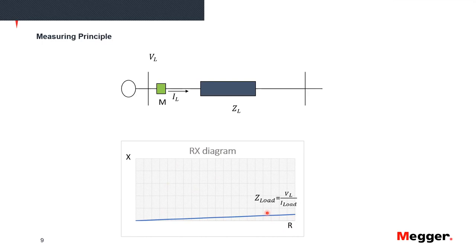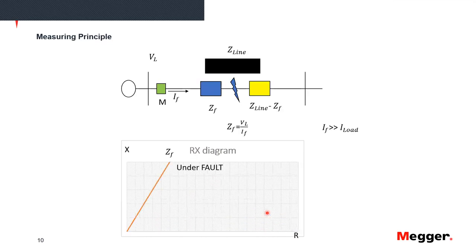Now, when we have a fault, however, the impedance of lines is mostly dependent on the reactance of the line, and because of what I said before, the current at the moment of the fault is much greater than the current of the load, and that's one of the reasons why we have to protect against that, because the line is not designed to withstand that much current during a long period of time.